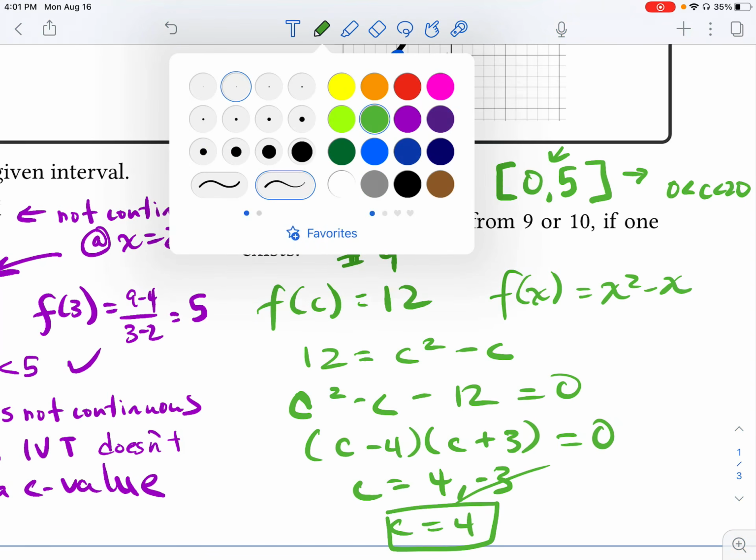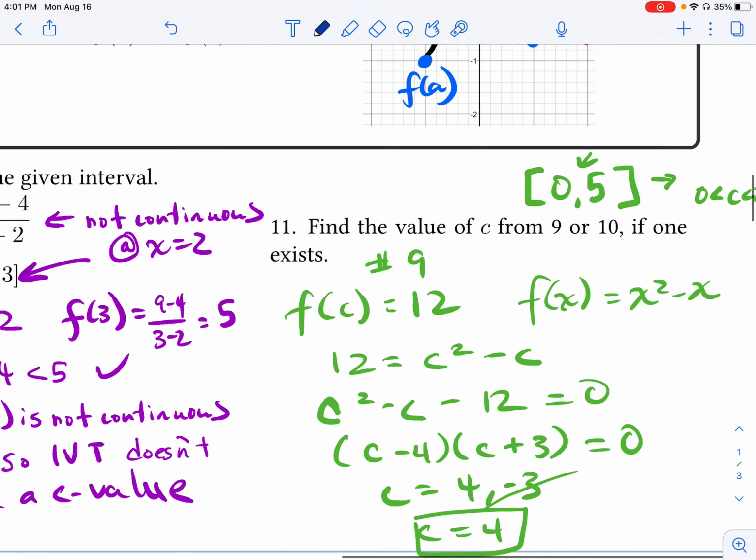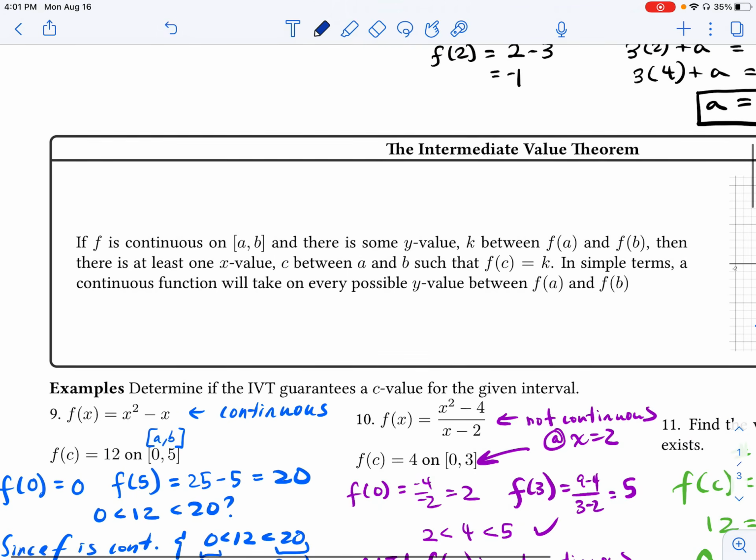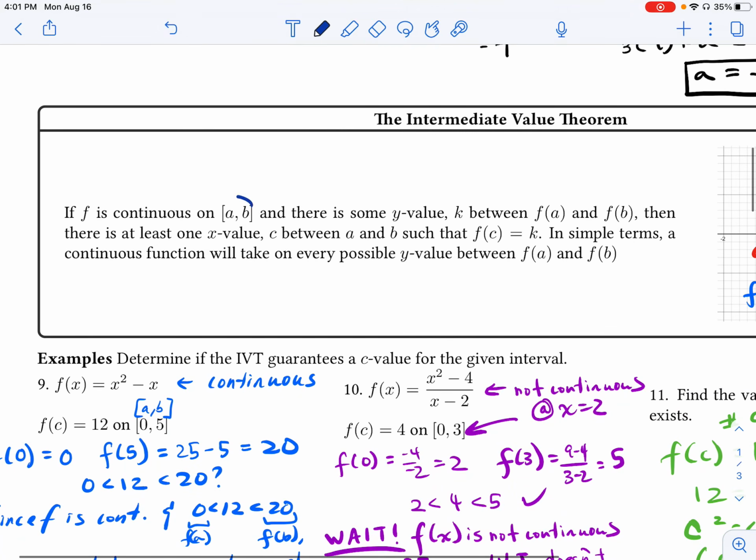Now, the last thought I want to leave you with is this wording about the intermediate value theorem, the idea that it has to be a closed interval. Ask yourself why it would have to be a closed interval. The basic answer is that if the interval is open, then we cannot determine f of a and f of b, and therefore we would not be able to determine an upper or lower boundary, if you will.